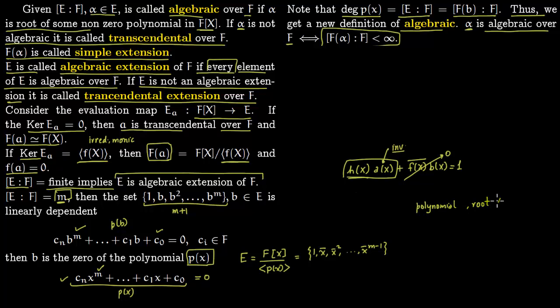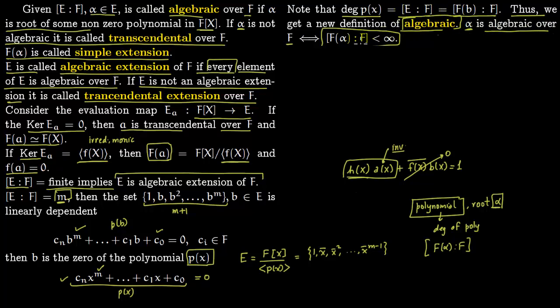Only then is alpha algebraic. Then the degree of the polynomial gives you the degree of the extension. So you adjoin alpha, and rather than looking at this root, you look at the corresponding polynomial. So this is a new definition which is very useful.